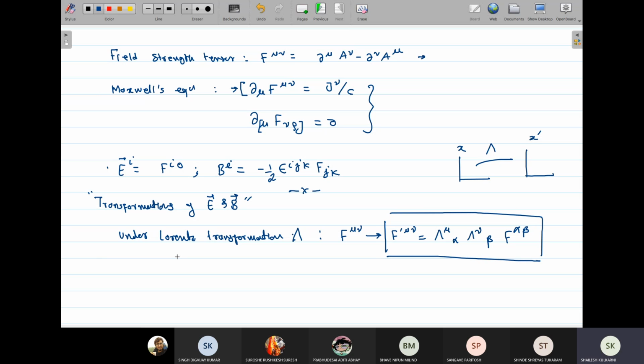Let me restrict to a Lorentz transformation where lambda is a boost along the positive x-axis, or in this notation the x1 axis.